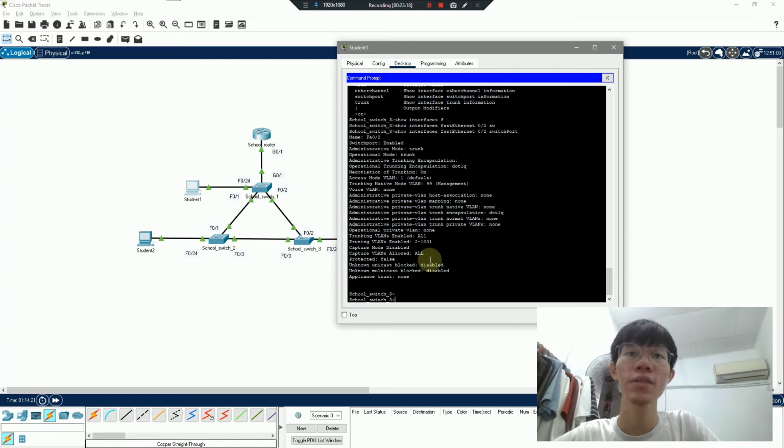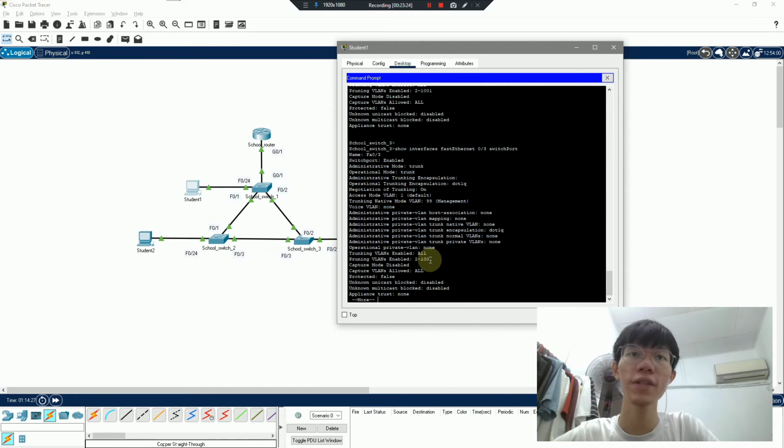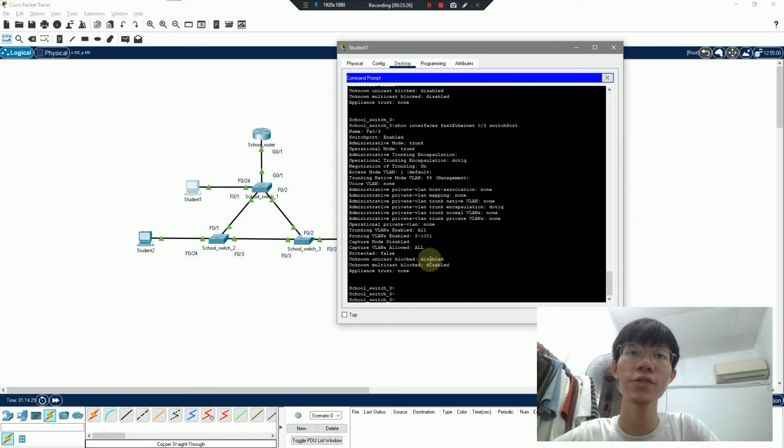And for the FastEthernet 0/3, it is also in the mode trunking, and native mode is VLAN 99.